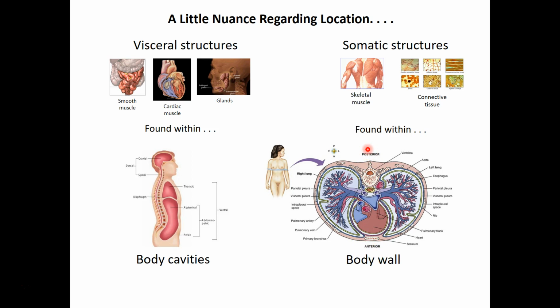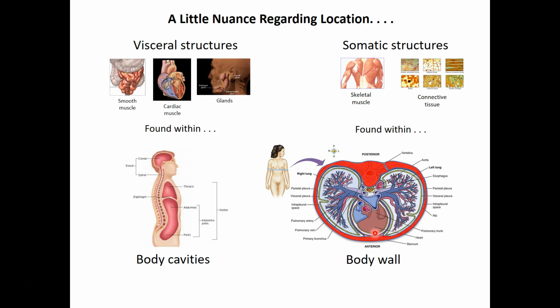Here's posterior or towards the back. And if you see, here are our cavities, our pleural or lung cavities, and our pericardial or our heart cavity, and that shell around it in which we find somatic structures like bone, cartilage, skeletal muscle. Okay, that's the body wall.